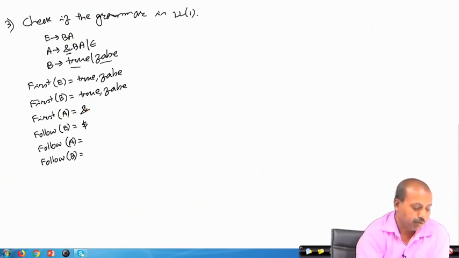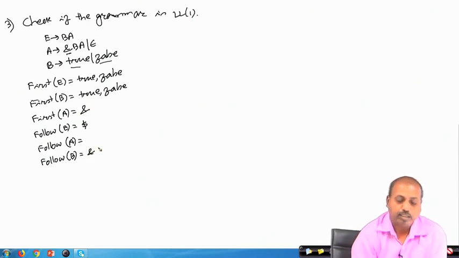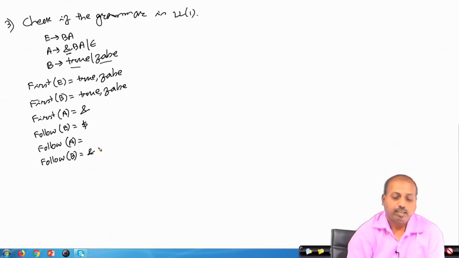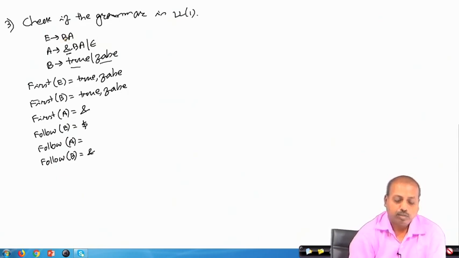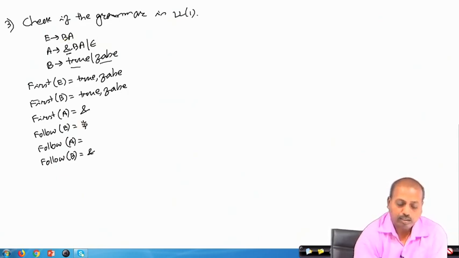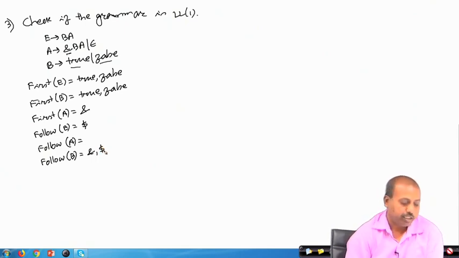So, that will come to follow of B. So, follow of B contains ampersand, and then in this rule E producing B A, this A can be replaced by epsilon. So, whatever is in follow of E can be in follow of B. So, follow of E contains dollar. So, this dollar will come in the follow of B.